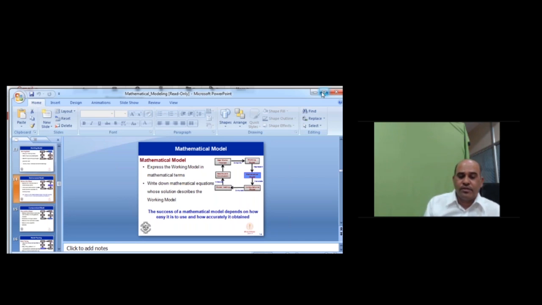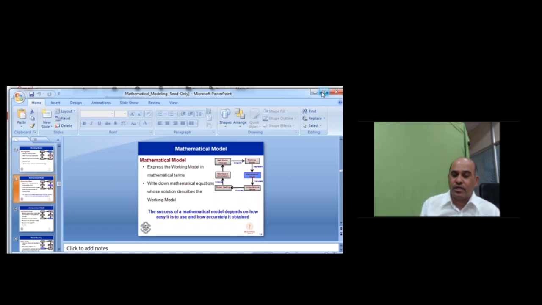Write down the mathematical equation whose solution describes the working model. The success of a mathematical model depends on how easy it is to use and how accurately it is obtained: how accurately you obtain the equations and how simply you represent them. That gives the success of the model.